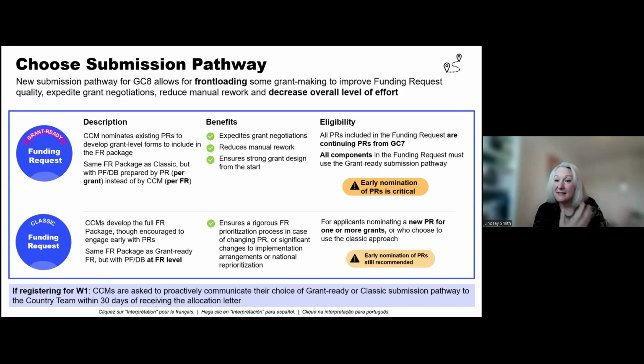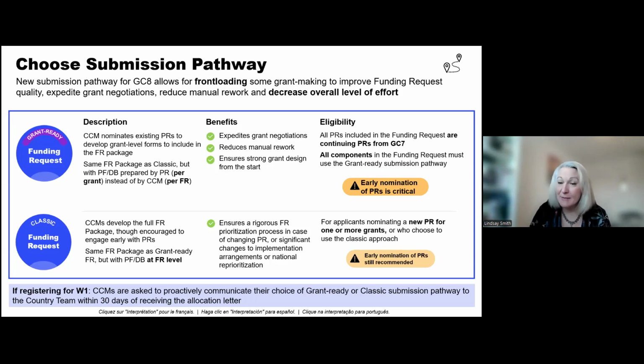This is where the CCM chooses to develop a funding request level performance framework and detailed budget. That is still an option, and it will be required if you have a change in any of your principal recipients that are included in the funding request.